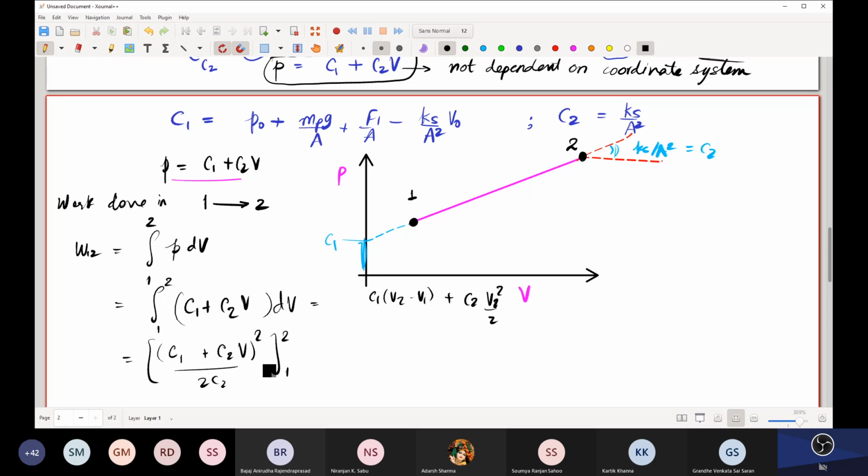But when you put in the limits, you can easily deduce that this integral has to be equal to the area under this curve, this straight line. What is the shape formed by this area under the curve? What is the area of a trapezium?